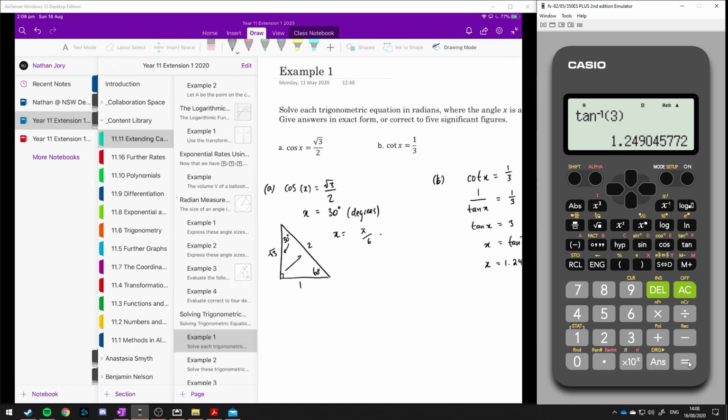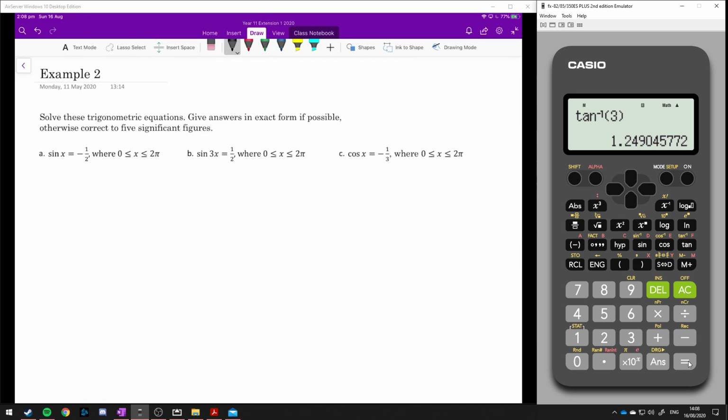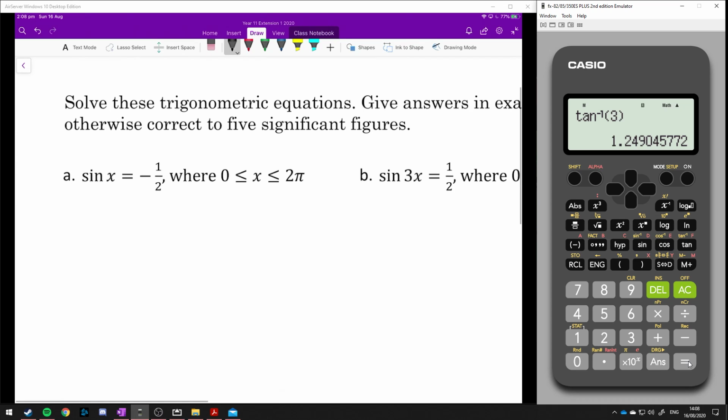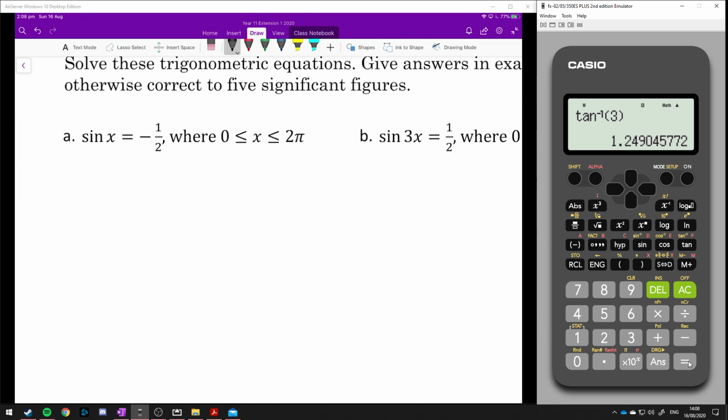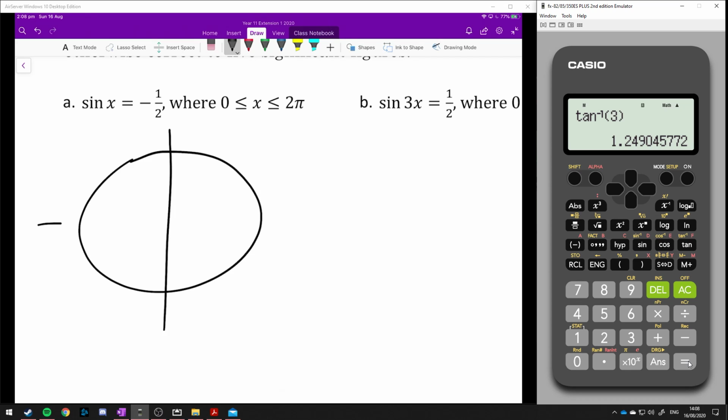Okay, so let's go to some more general trigonometric equations. The first one here, we've got sine x is equal to negative a half, when x is between 0 and 2 pi. So we need to go back to our exact values on our unit circle.